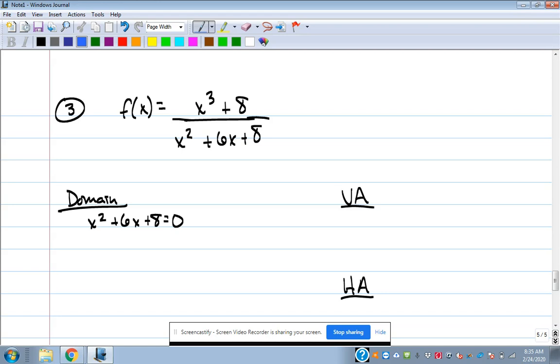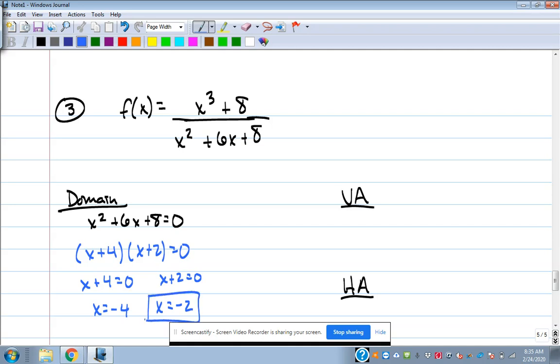You can get answers for parts of these things without getting everything. So that'd be x plus 4 and x plus 2, right? So x plus 4 equals 0 gives x equals -4, and x equals -2. Those are our two numbers that are left out of the domain. -4, -2.